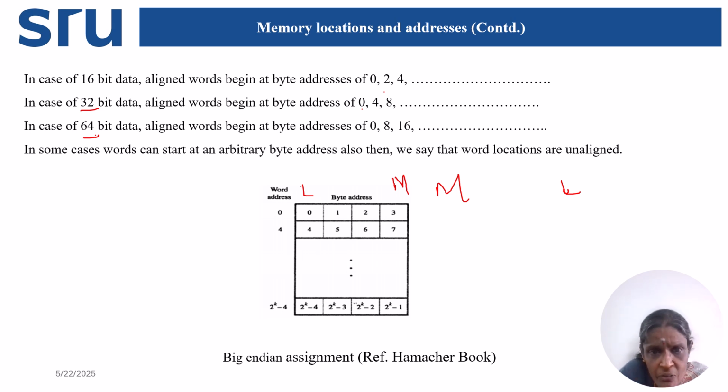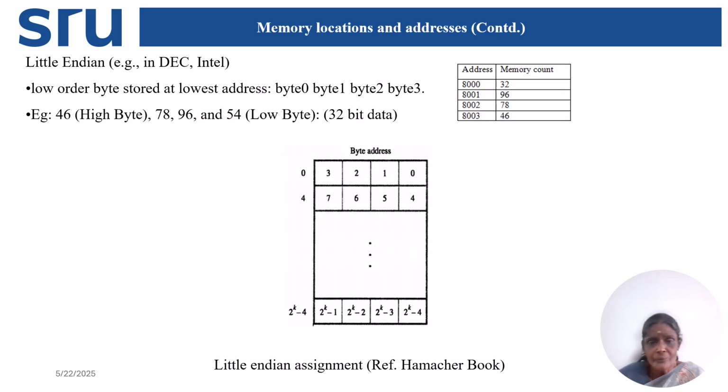So big endian means 0, 1, 2, 3, 4, 5, 6, 7 up to the last one. If k is the number of bits, it is 2 power k minus 4, minus 3, minus 2 and then minus 1. So in this way it is formed. And next one, little endian. So here LSB, here MSB. By default we are using this little endian only. 0, 1, 2, 3 and then 4, 5, 6, 7.